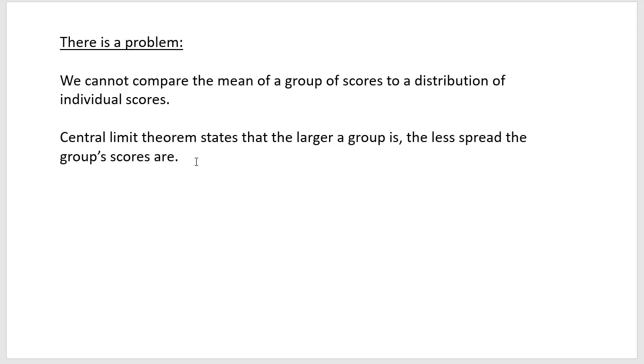The central limit theorem, or the law of averages, states that the larger the group is, the less spread the group's scores are. So if we have a mean of 64 scores, that distribution's mean is not likely to vary from the population by very much, just based on averages. And the more people you get in the sample, the less likely it is to vary from the mean of that distribution.